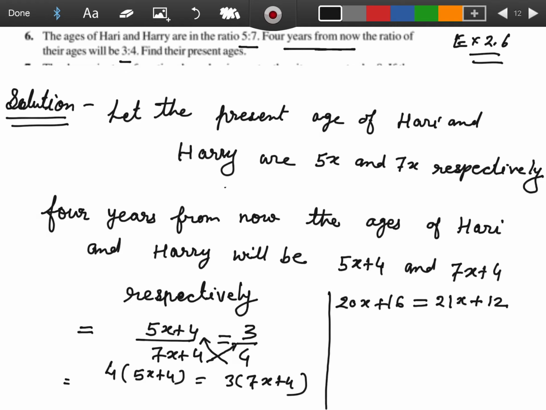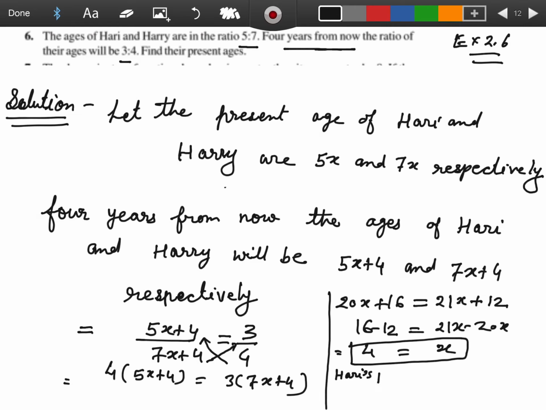Now separate variables and constants. 16 minus 12 is equal to 21x minus 20x. So 4 is equal to x. Now we have got the value of x. So Hari's present age will be 5x, which is equal to 5 into 4, that is 20 years.